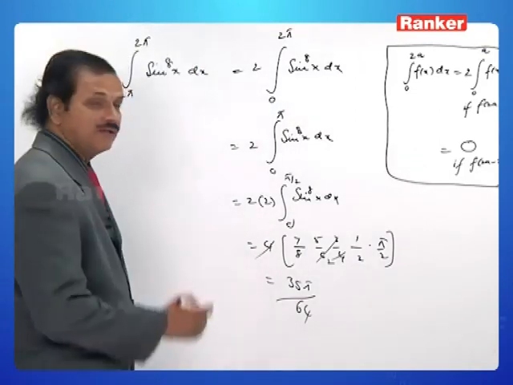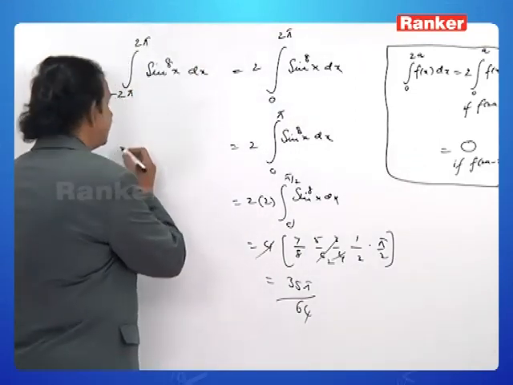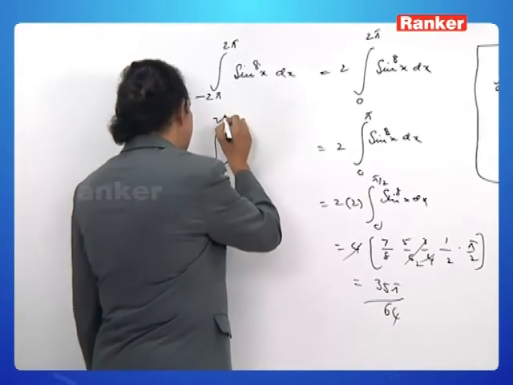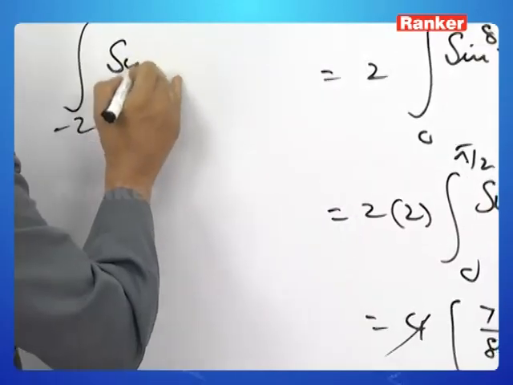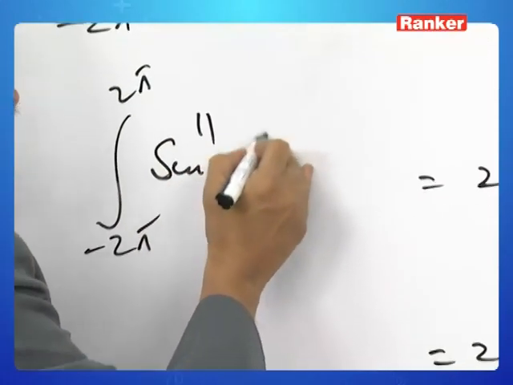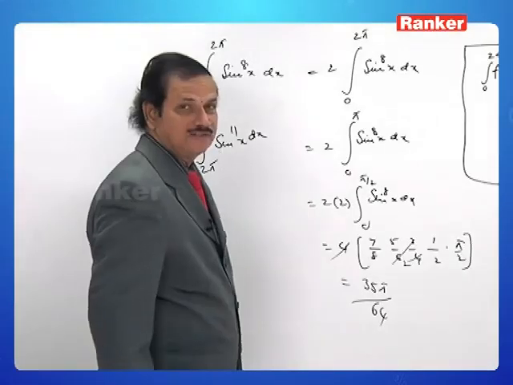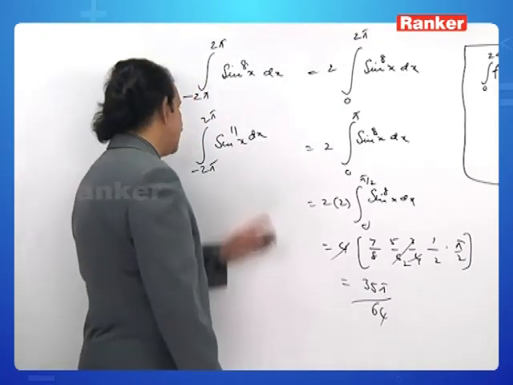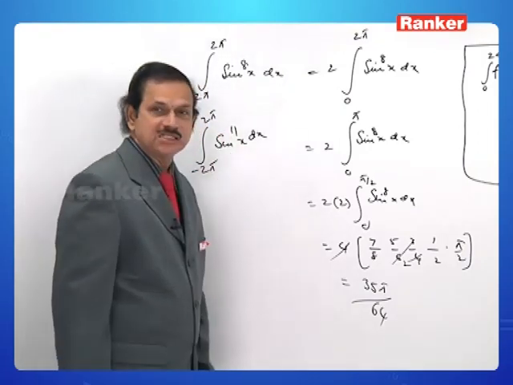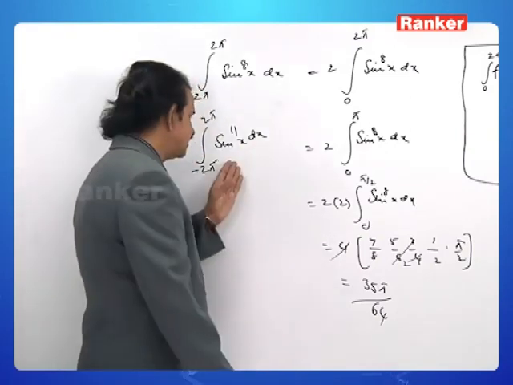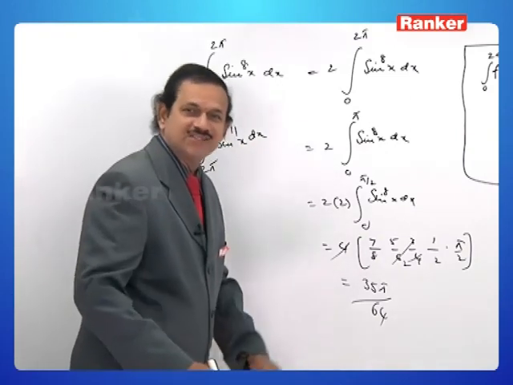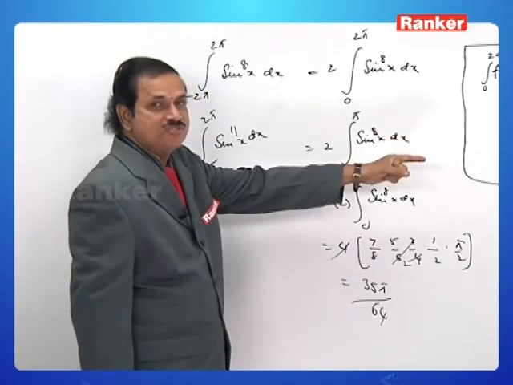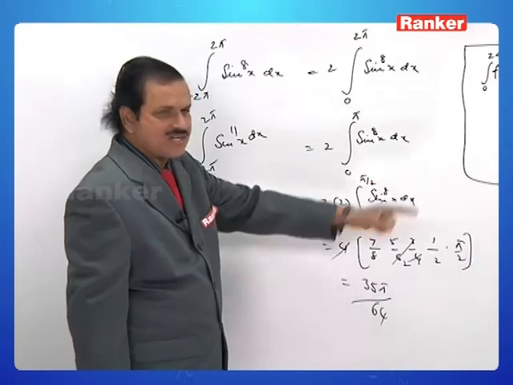Well, my dear friend, in this problem, instead of sine power 8x, if minus 2 pi to 2 pi sine power 11x is asked, of course, what will be the way of thinking? Well, my dear, sine of 2 pi minus x is minus sine x. Minus sine x whole power 11 is minus sine power 11x. So, in that box, you are supposed to apply either the first case or the second case.